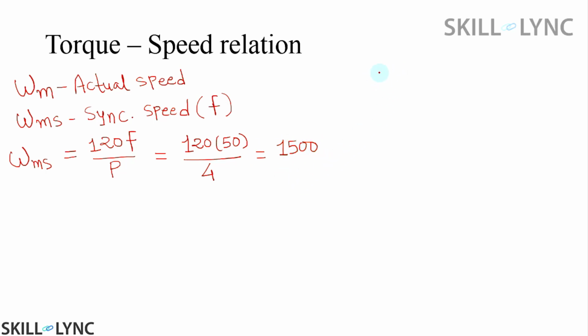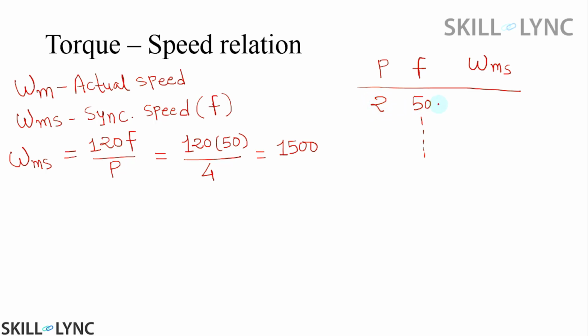Now you can prepare a table with number of poles, frequency and omega ms. If I consider 50 Hertz throughout, the number of poles will always be an even value, because it is a pole pair.